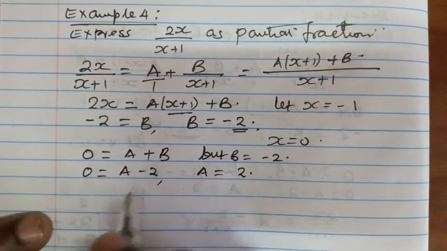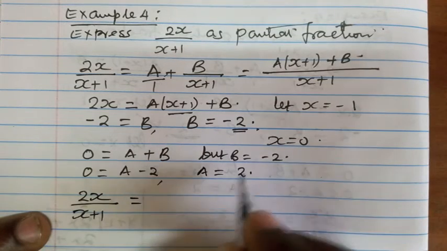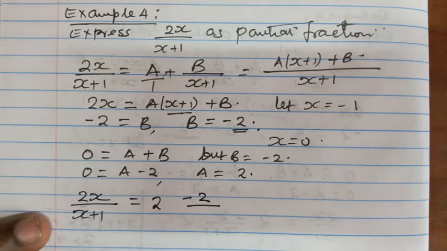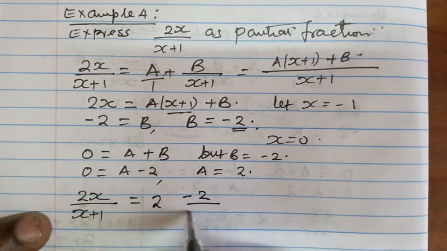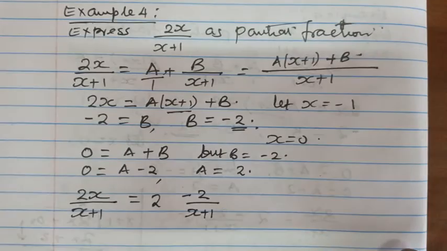So 2x divided by x plus 1 is 2 plus b over x plus 1, which is minus 2 over x plus 1. That is just what we expected.